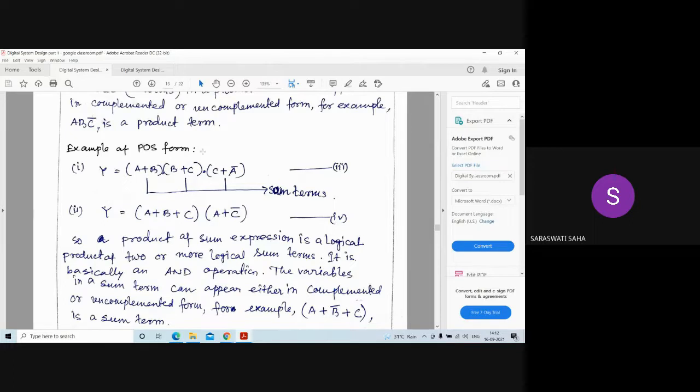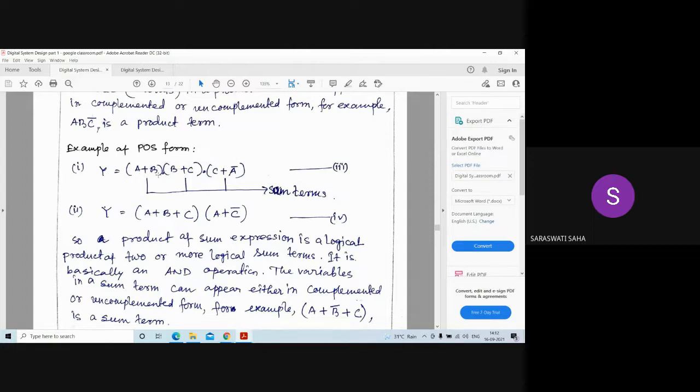So in this kind of representation, we call it product of sum form. Product, that is dot or AND operation, of sum terms. How many sum terms are there? Three.